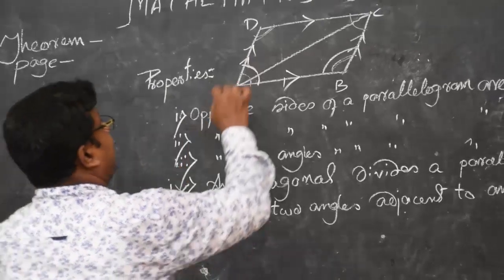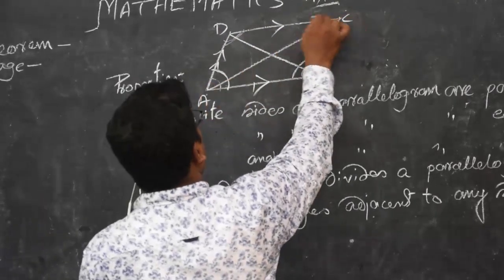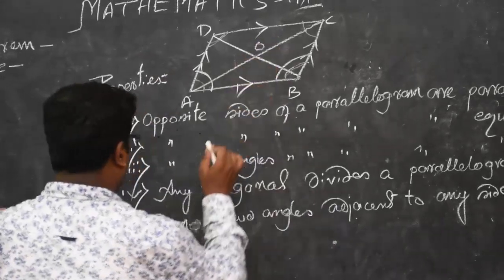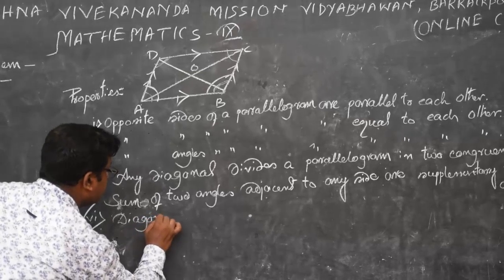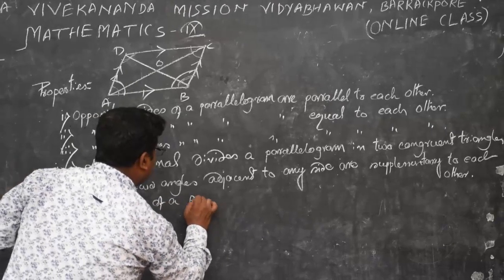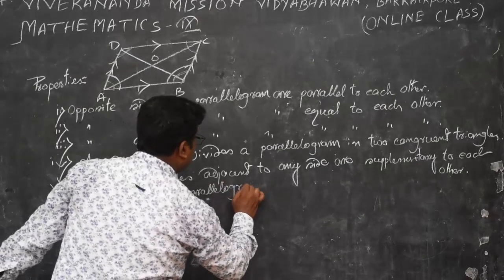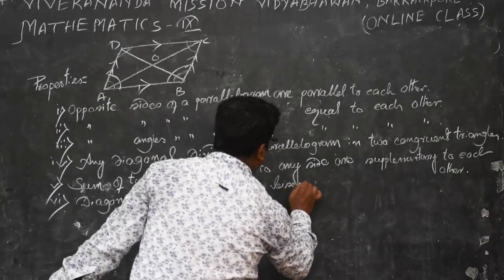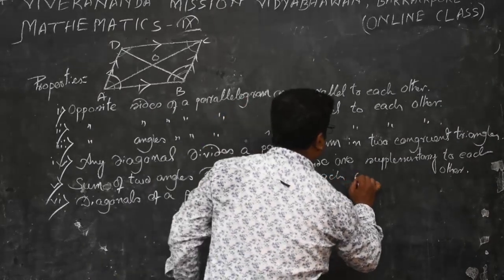Number six, diagonals of a parallelogram bisect each other. That is, AC and BD are any two diagonals, they bisect each other at point O. Diagonals of a parallelogram bisect each other.